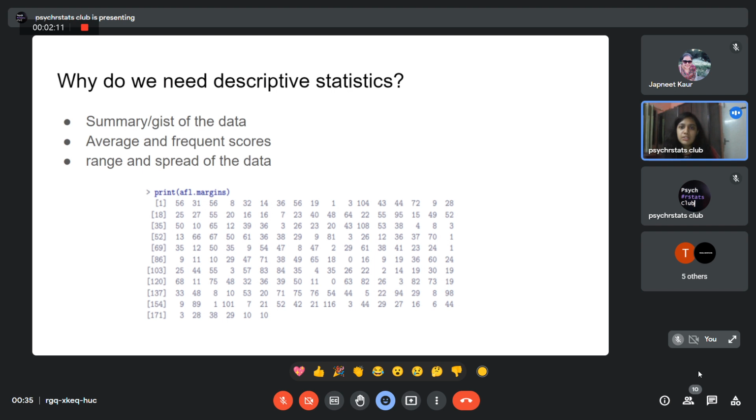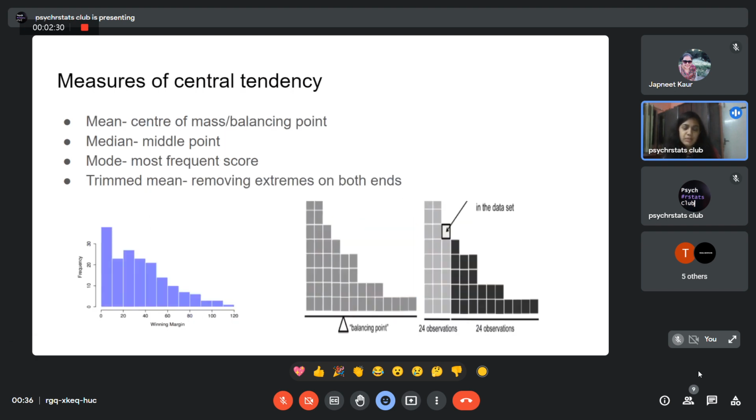In the same way, descriptive statistics tell you the average of the data and the range or spread of the data. There are many ways to do it. You can use mean, median, mode, or you can use visualizations, like histograms and box plots. We will also discuss that in a minute.